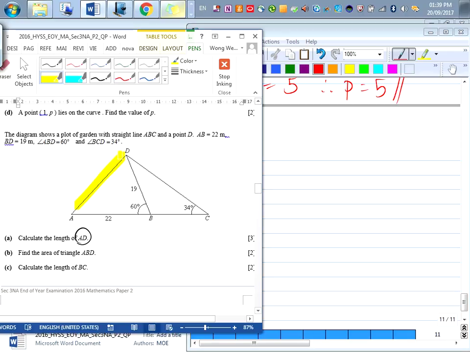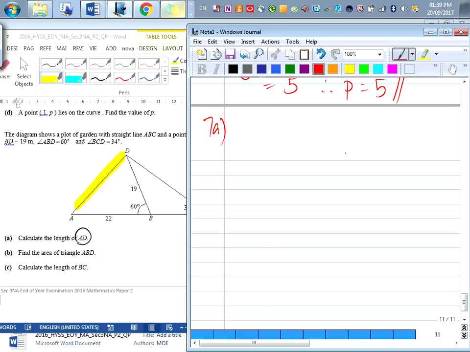Can I use tangent or cosine or sine? Why cannot? Yeah, it is not a right angle. I cannot use that. So I am given 2 sides and 1 included angle. Which rule should I use? 2 sides, 1 included angle. So I use cosine rule.